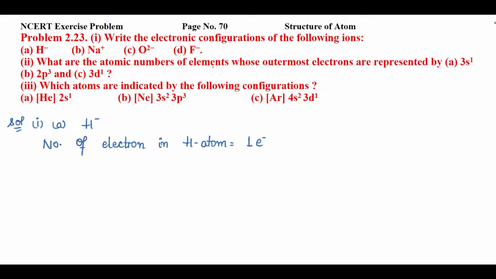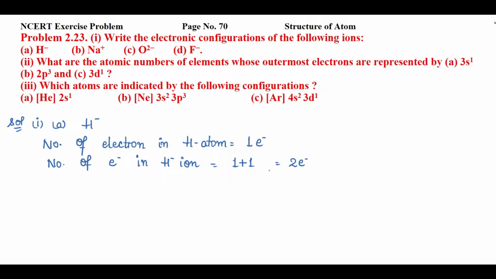Electronic configuration means you have to fill the electrons in the orbitals. H negative means this hydrogen atom gains one electron, right? So the number of electrons in H negative ion will be 1 plus 1. It will be 2 electrons, right?